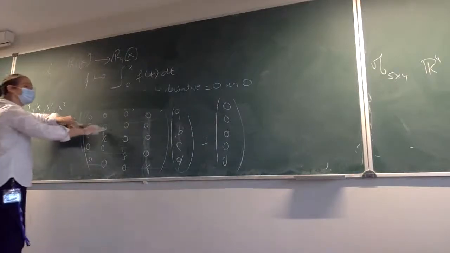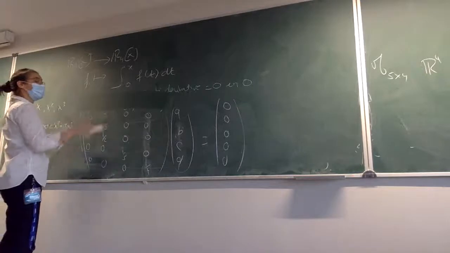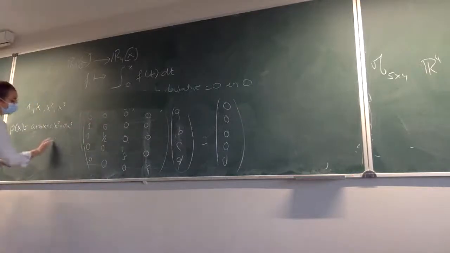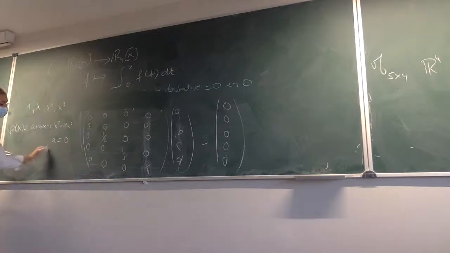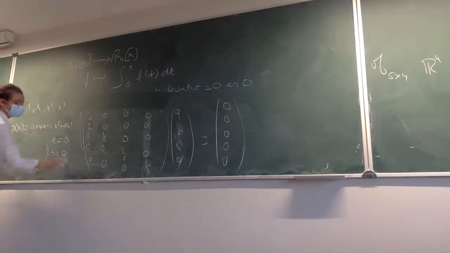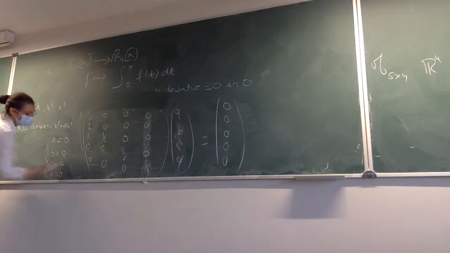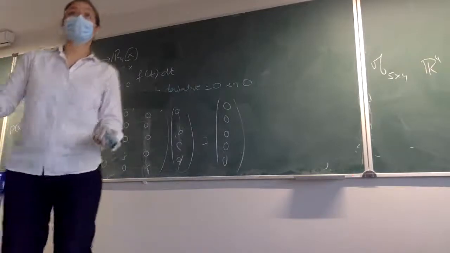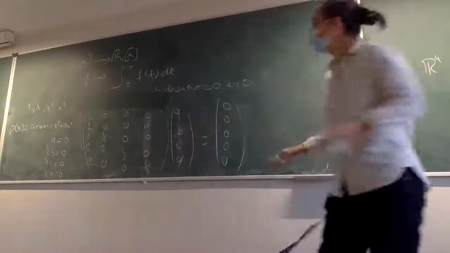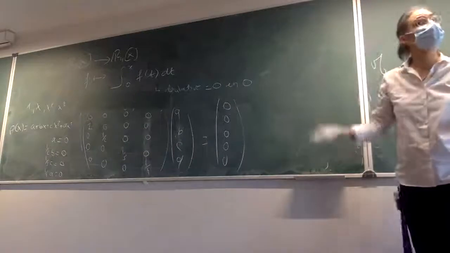But the second gives A equals 0, 1/2 of B equals 0, 1/3 of C equals 0, and 1/4 of D equals 0. So they must all be equal to 0, and the null space of this map is really just the 0 vector.